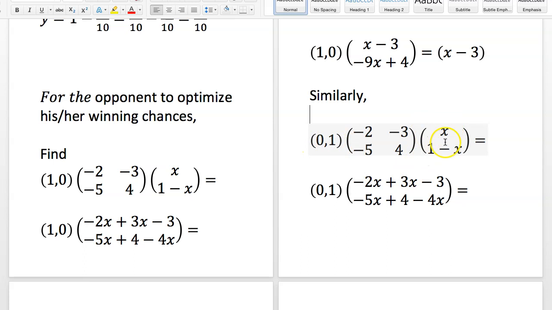And since we're considering the antagonist, I need to put 0, 1 here for my other guy, which is my protagonist. Again, just as before, in analogous fashion, we keep our antagonist the same. You always keep x in front of 1 minus x. You don't trade places with x and 1 minus x, but you do trade places with the 0 and 1.